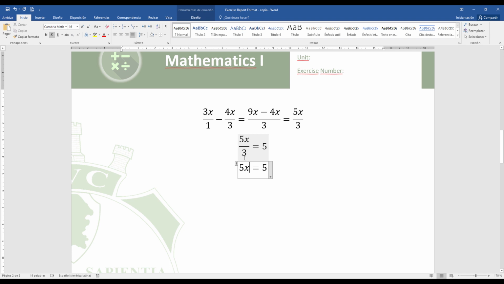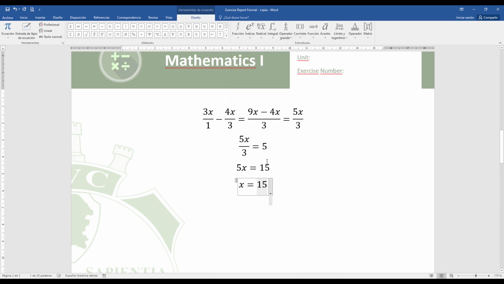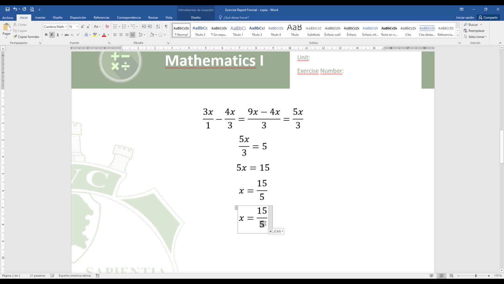That number will pass multiplying here, it's 15, and again you need to pass to the other side. This is 5, so x is equal to 3.